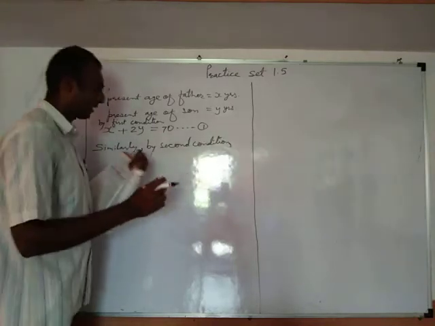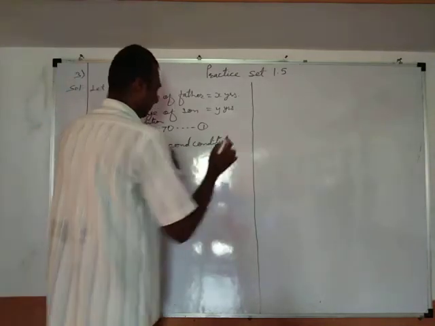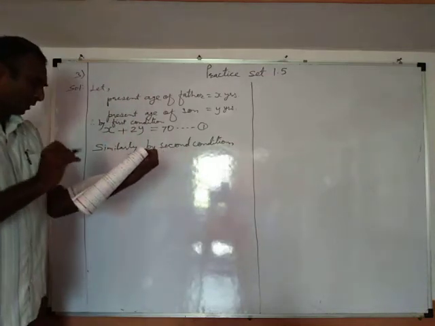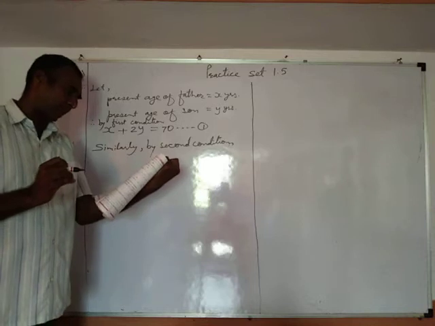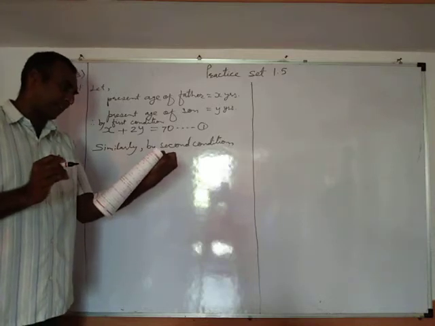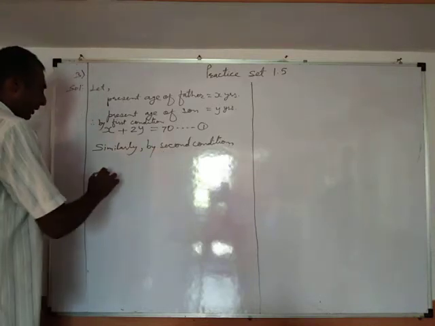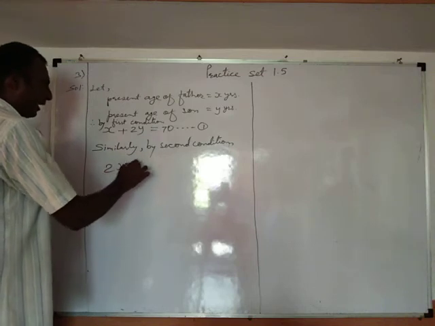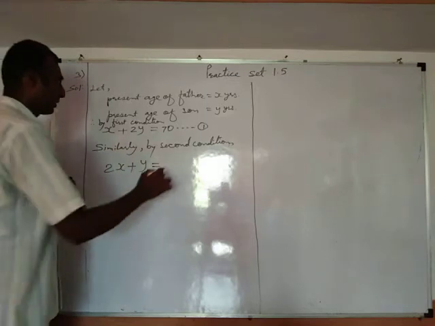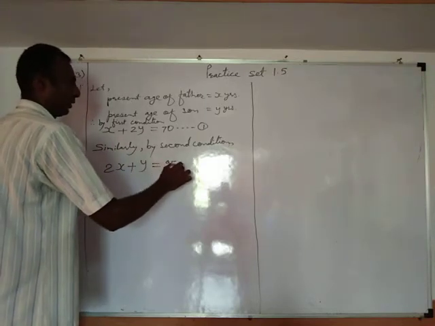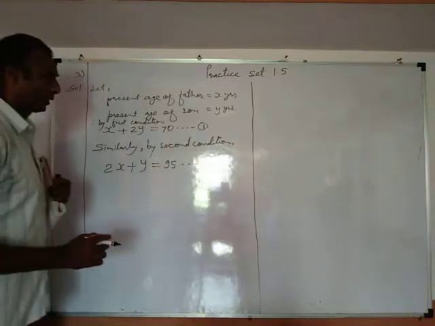what is second condition? Let's see. If we double the age of father and add it to the age of his son, the sum is 95. Okay, this is second equation.